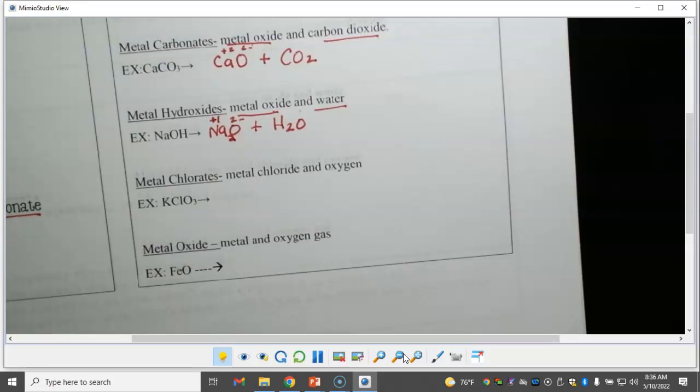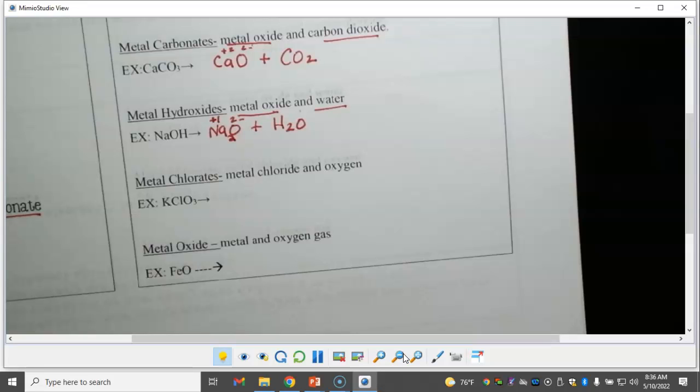Nitrates, chlorates, perchlorates: if a metal is bonded to a nitrate, a chlorate, or a perchlorate, they're always aqueous. There's no exception. Acetates are all going to be aqueous unless bonded to silver, then it's going to be solid.